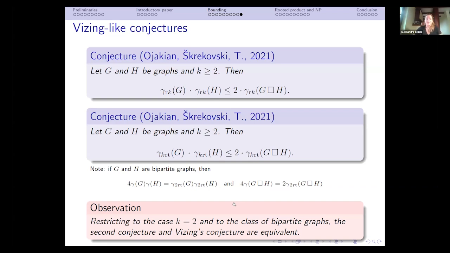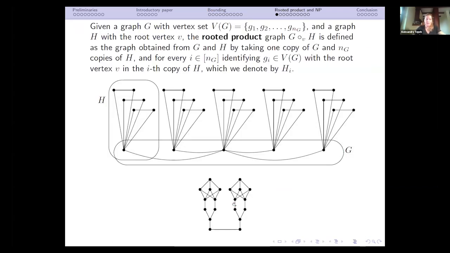Okay, so we are already at the third paper, in which we explored rooted products, by the way, as I mentioned. And just to recall, what is a rooted product?